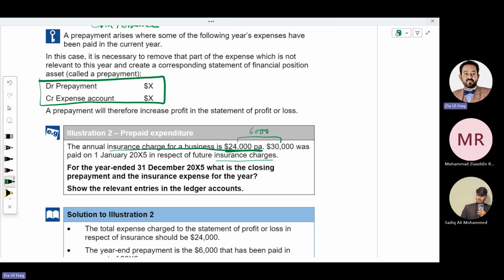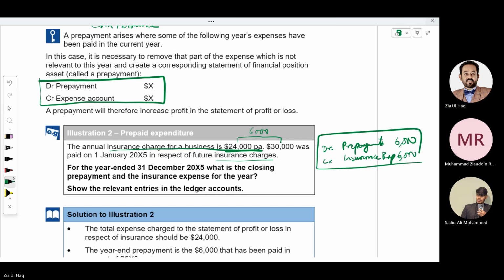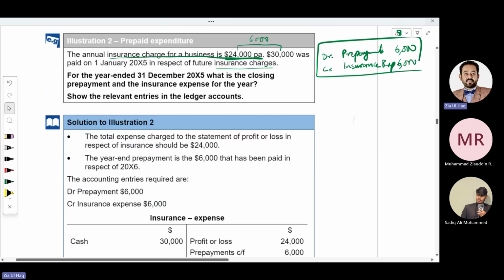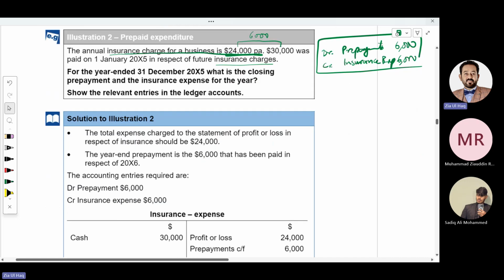So what could be the accounting entry? Debit prepayments with how much? 6,000, and credit what? Insurance expense with how much? 6,000. Is that fine? This is the accounting entry: prepayments debit and insurance expense credit.